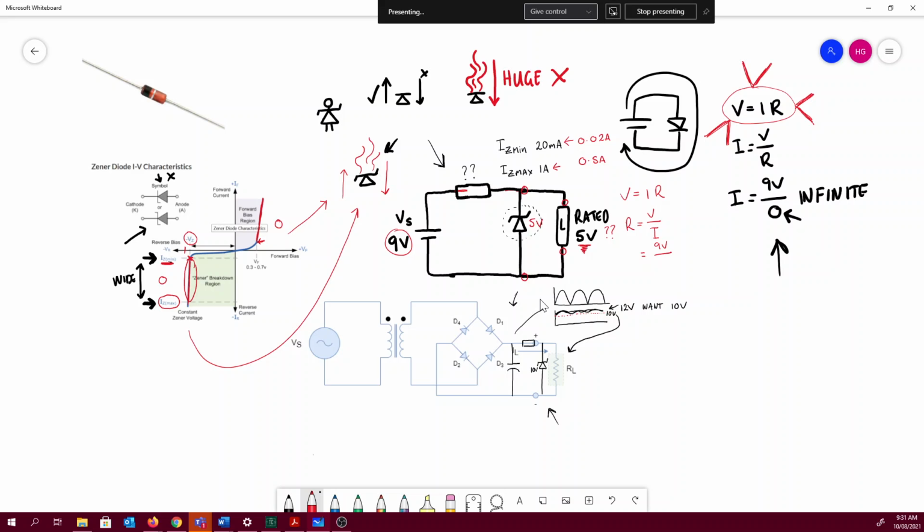Our ideal current is 0.5 amps. And so our resistor value in this situation that's going to make that work is going to be 18 ohms. So an 18 ohm resistor would make that work.